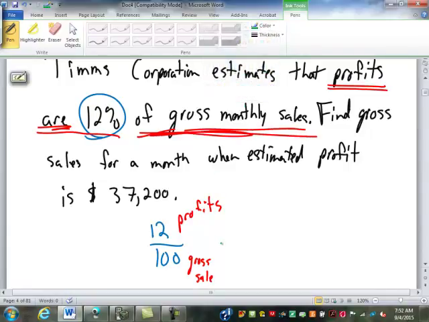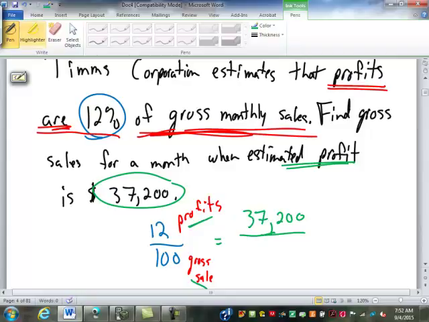Once I've labeled that, now on the other side of my proportion, the 12 represents profits. The 100 represents gross sales. Do I have the other number for either of those? Well, I have the $37,200. Does that represent profits or gross sales? Estimated profits. So that goes with the profits. And that's the key to these proportions, is this number and this number have to represent the same thing.